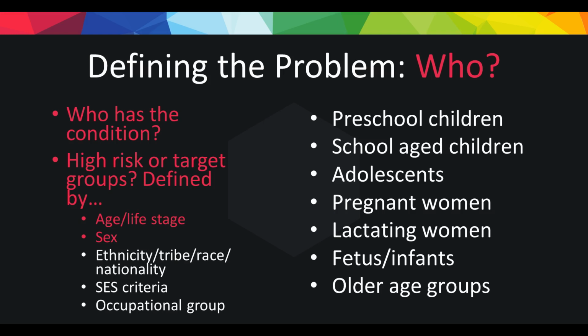So we look at whether the policy is a lump sum for all citizens of the whole country, or whether, because we find a problem with preschool children nowadays, we need to do something. So what are the nutritional conditions for them, to get into depth the main problems. Okay, ataupun kita tengok sama ada we need to come out with a new policy. Is it because of the status of the pregnant mom, the lactating woman, fetus, infants, and other age groups?